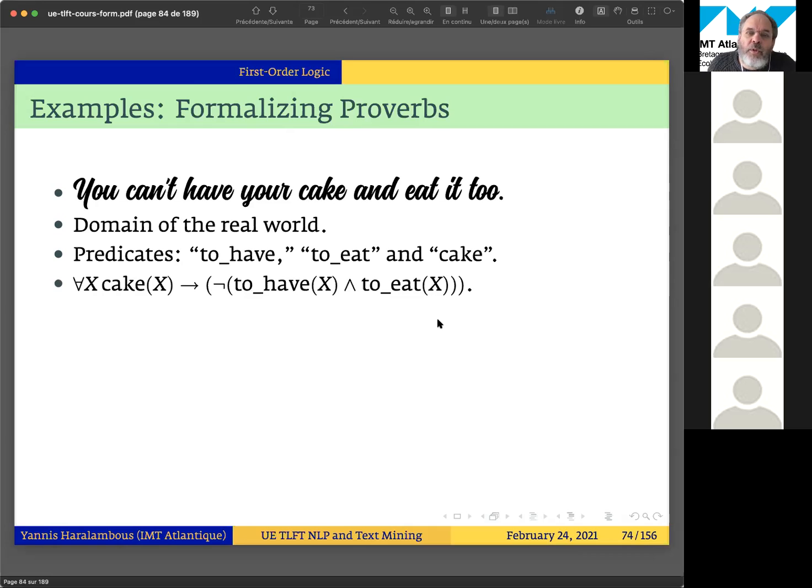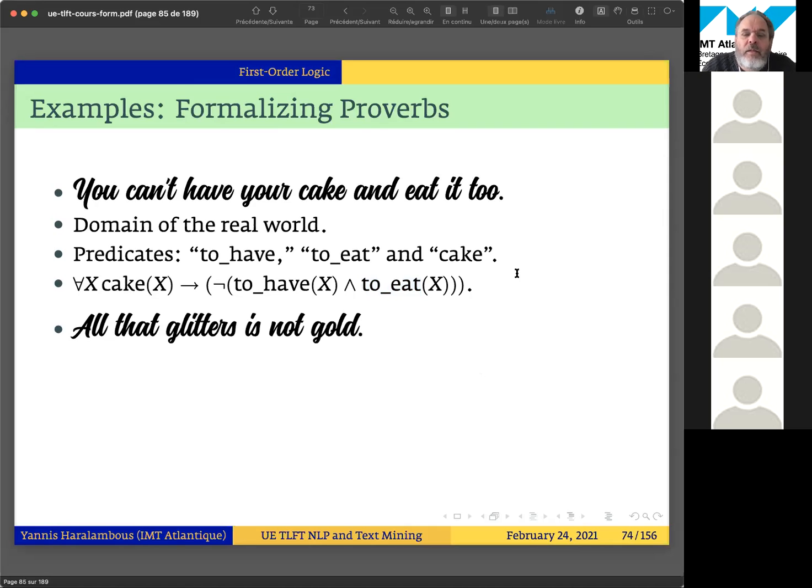So a possible formula will be: for all x that are cakes, you cannot have, so not having x and eating x. Of course, this formula can be written in different ways. This is maybe one of the shortest ways, and it's very close to the natural language representation.